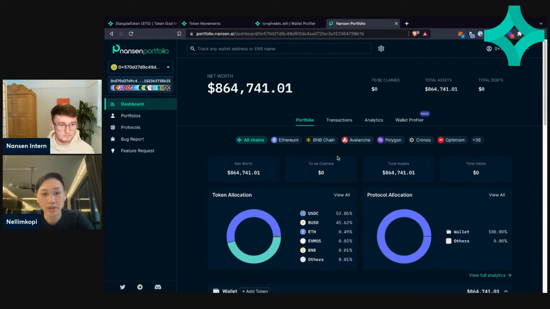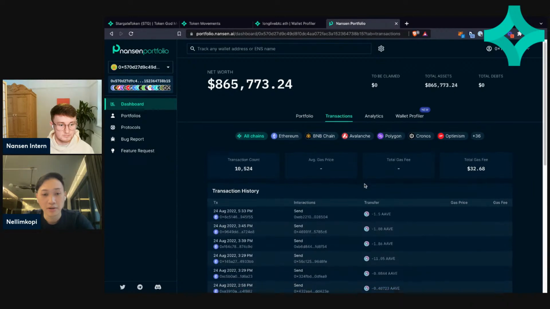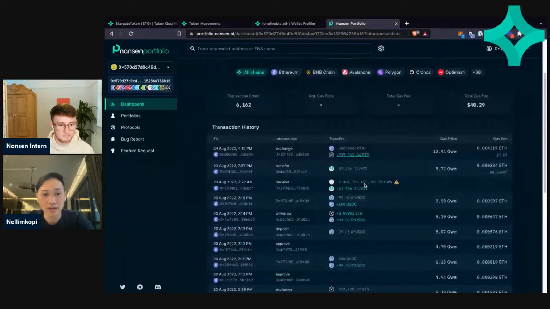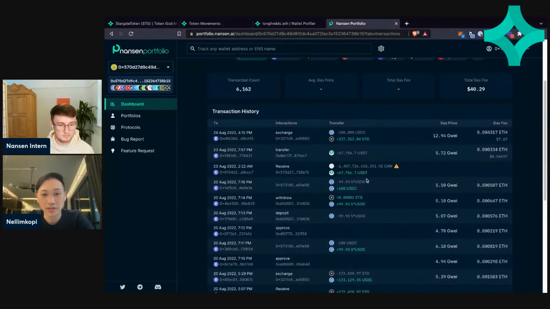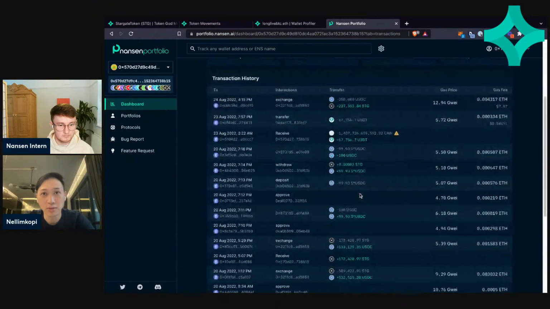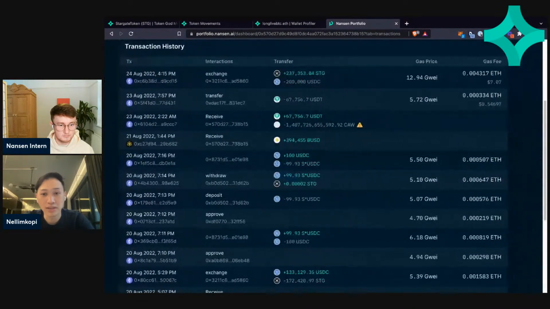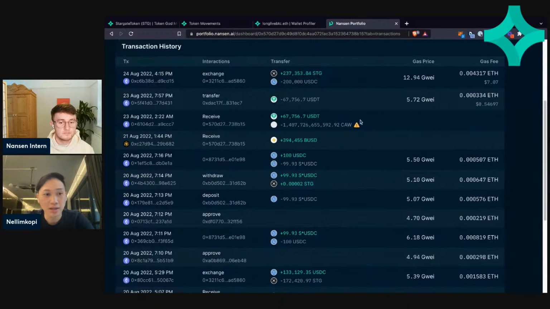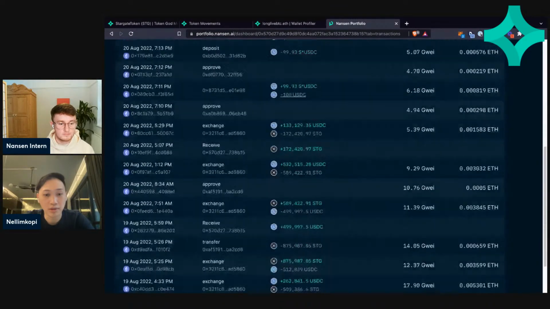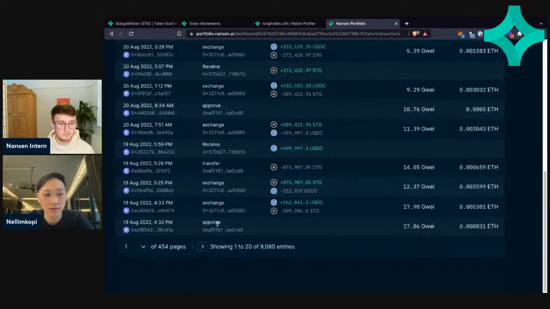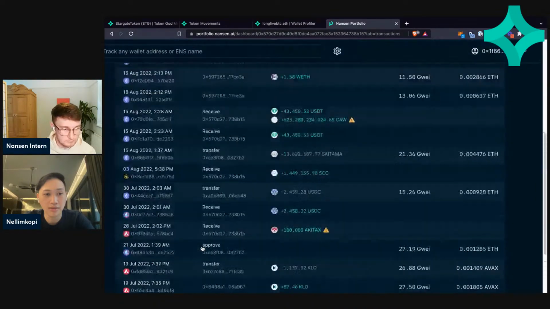You can see their holdings, anywhere that they are staking, and their past transactions, which we'll look at in a while. If I go into transactions, I can see all of their transactions here. Let me just zoom in. The tokens that they have received, how much GUI they have paid. And let's try to spot the Stargate one, which is on the 18th, I believe.